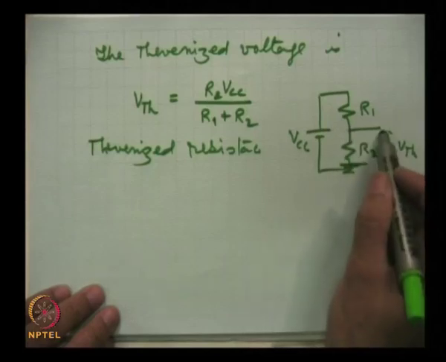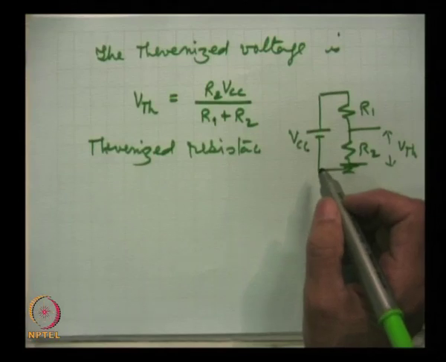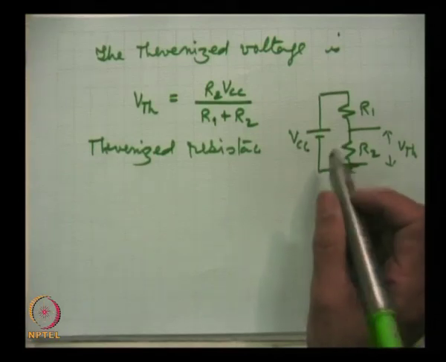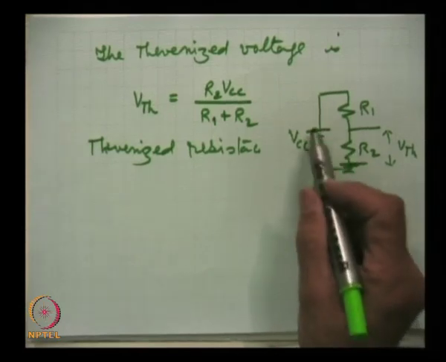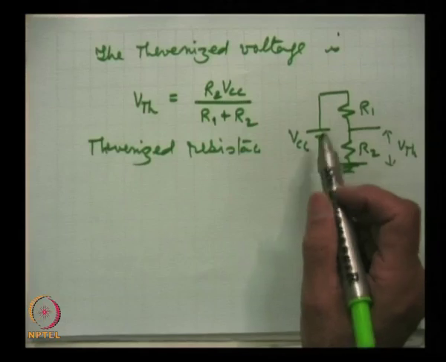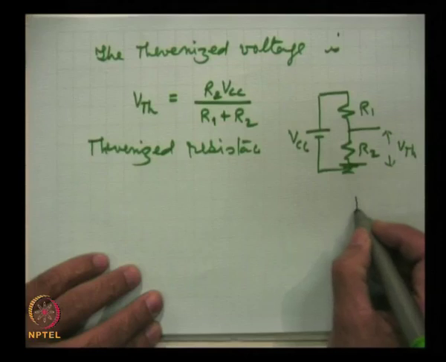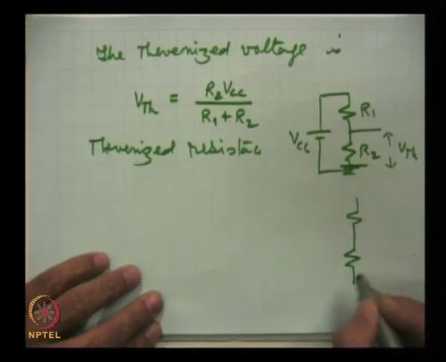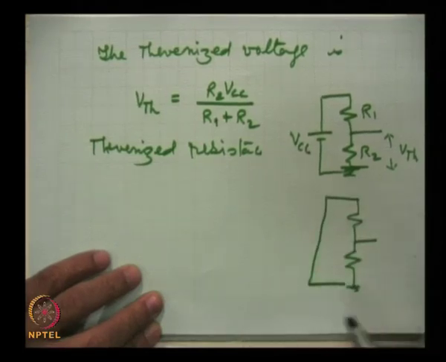Now the Thevenized resistance. For finding the resistance between these 2 points, as you must have studied in Thevenin's theorem, to calculate the equivalent resistance we have to ground the DC voltage sources. So, this is grounded, and our circuit becomes this, R1 and R2.